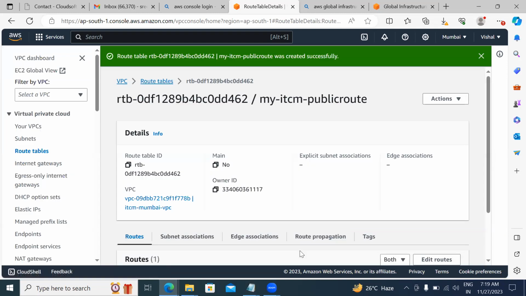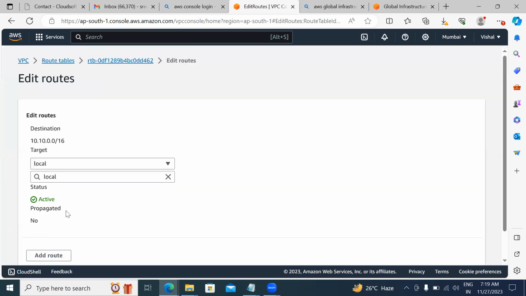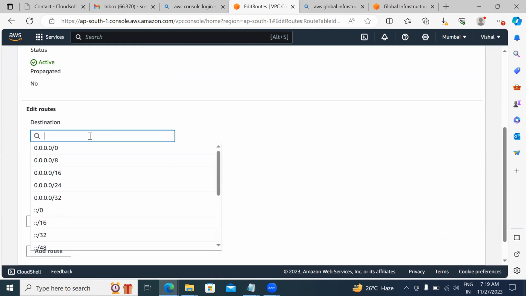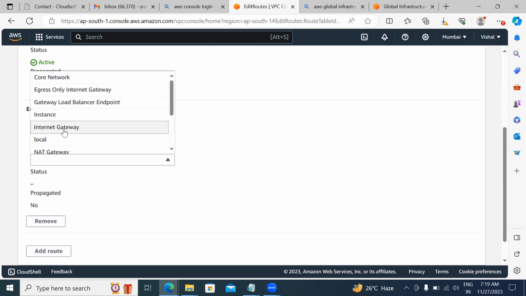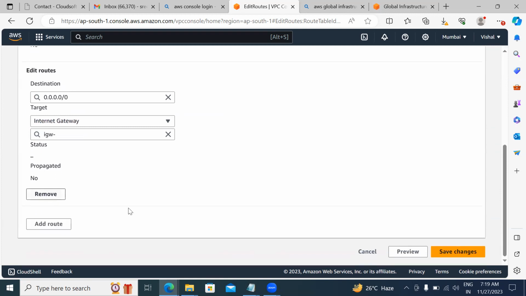By default, we'll get only one rule, 10.10.0.0. This rule is not edited. I'm going to add one more rule here. Add route. Here the destination is any other IP. Target is internet gateway. Save those changes.